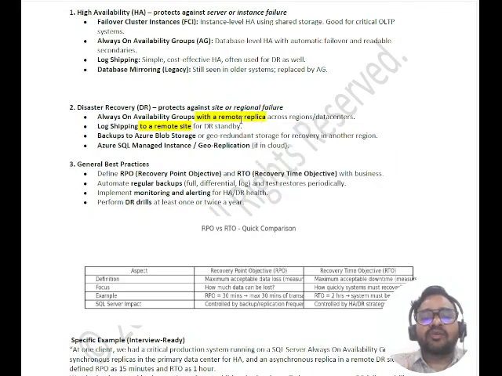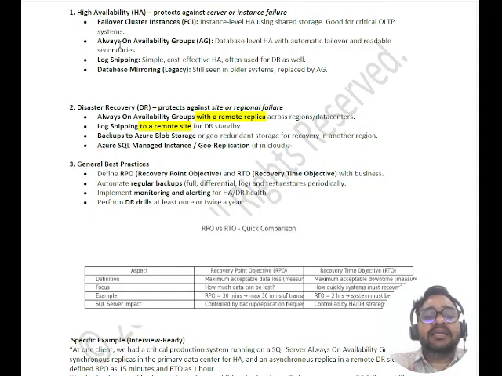For high availability we follow Always On availability group, and in DR we follow Always On availability group with a remote replica across regions and data centers, because here we are protecting against site failure. The second approach is log shipping to a remote site for a DR standby.